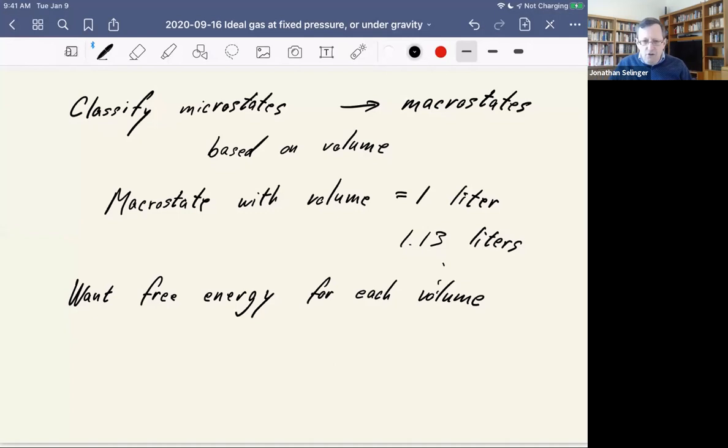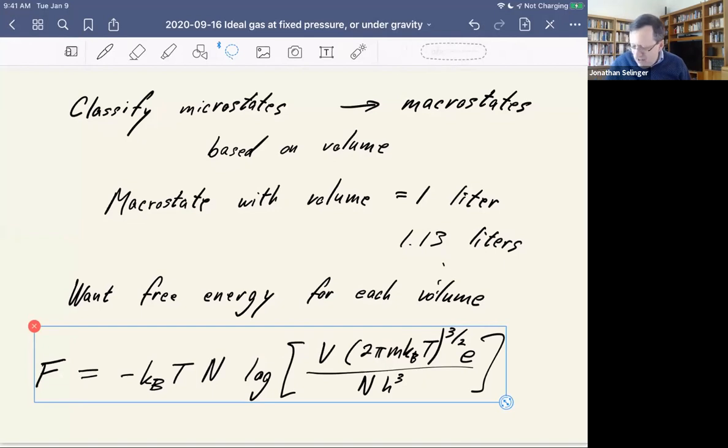So, good news. That's what we already did. We should be able to just copy over the result that we already calculated for the free energy for a system with fixed volume. Let's see, can I paste it again? Let's find out. Ooh, it works. Okay, so there it is, the free energy for a system with fixed volume.